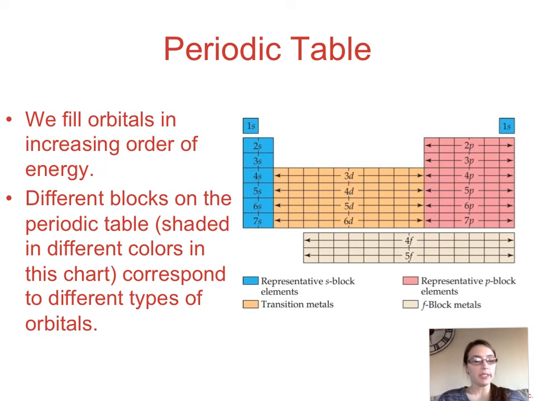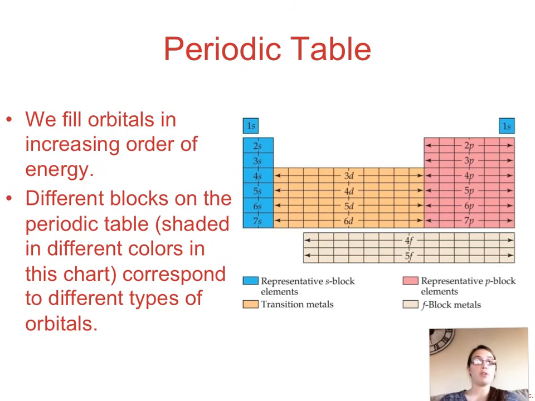As we go through electron configurations, it's important to know how we fill the orbitals. We fill the orbitals in increasing order of energy. Because of the Pauli exclusion principle, at most there can be 2 electrons in a single orbital.